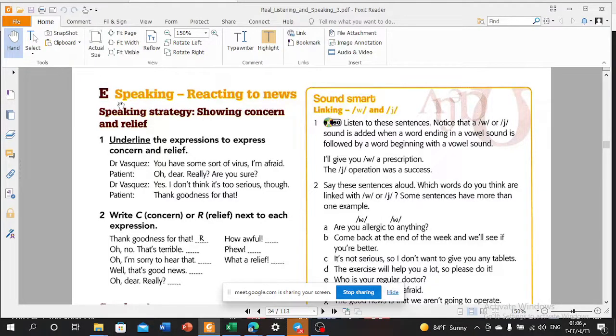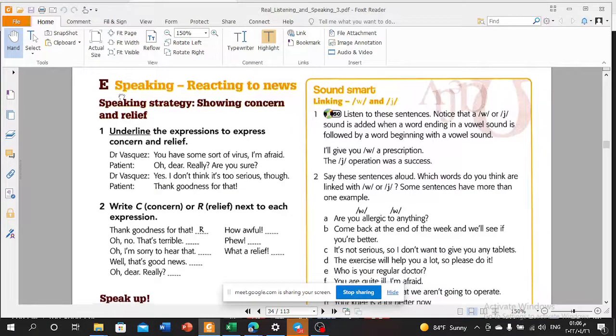Sorry, here you mean speaking strategy point 1 or point 2? I mean concern and relief.